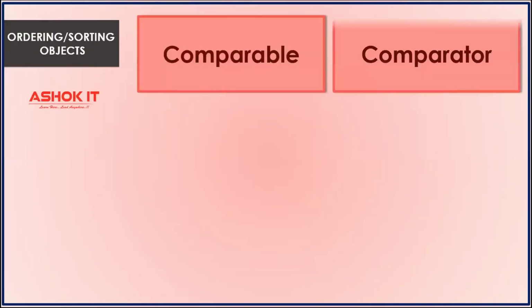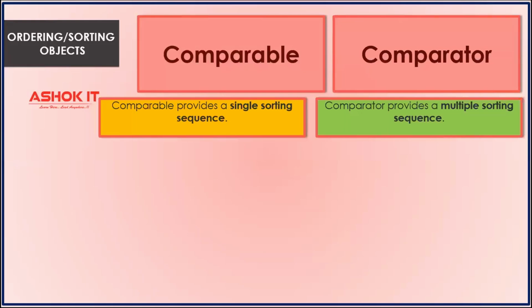And the difference between the two is, in case of comparable, it provides single sorting sequence. So that means we can sort the collection on the basis of single element or single parameter such as ID, name, or price, or age, like that.